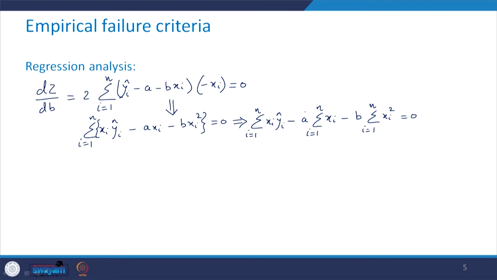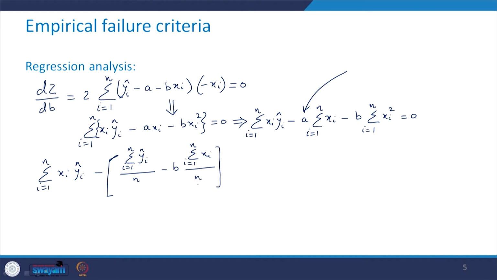Now, we know the expression for this a, we just obtained. So, I would like to substitute it here before we go for the further simplification. So, take a look, this is going to be summation i equal to 1 to n xi yi cap minus, I have this bracket, then i equal to 1 to n yi cap divided by n minus b times summation i equal to 1 to n xi divided by n.